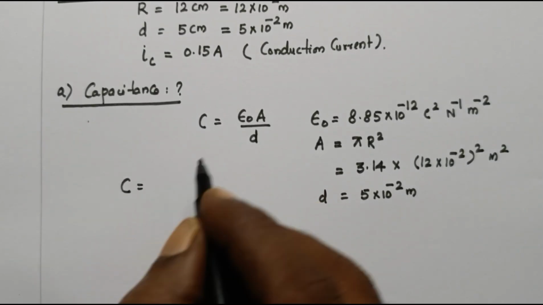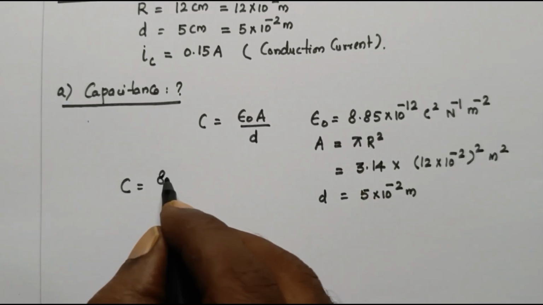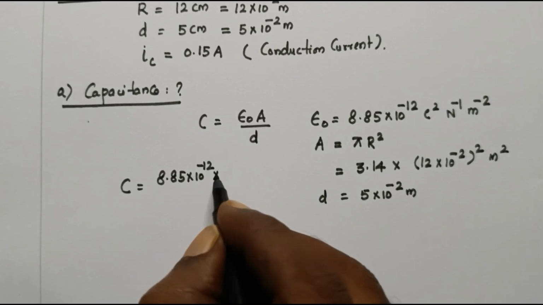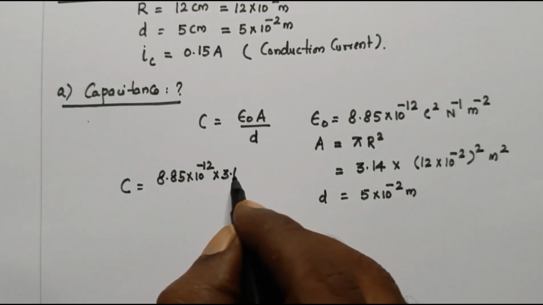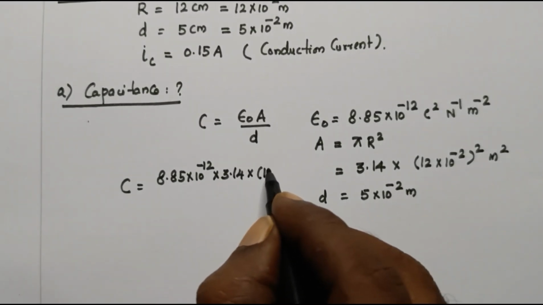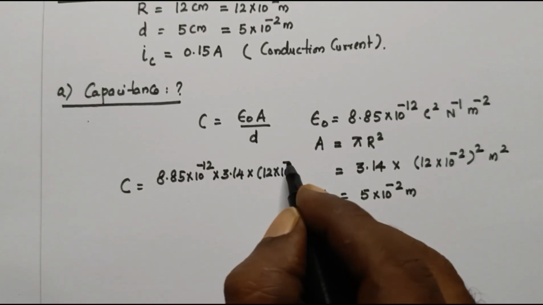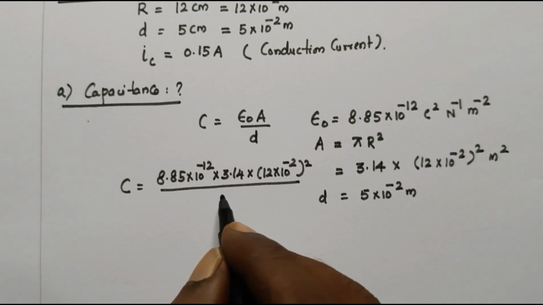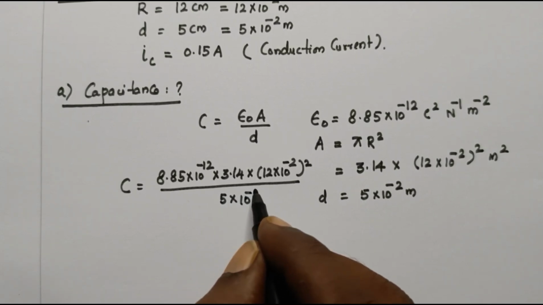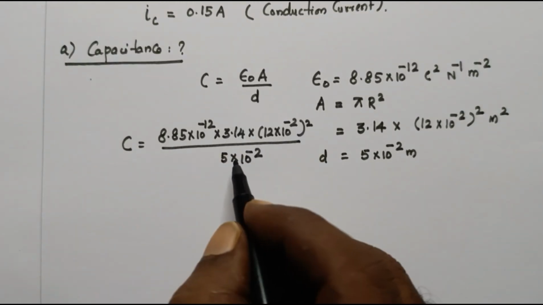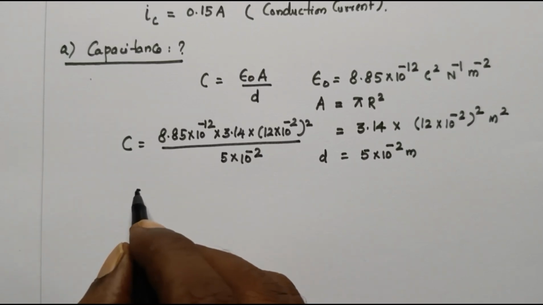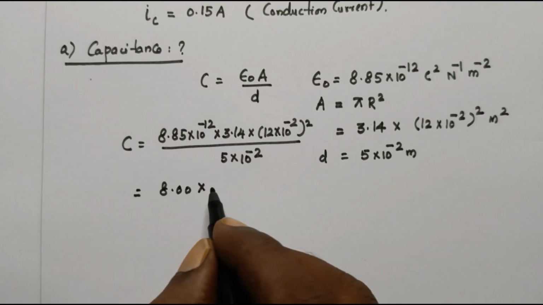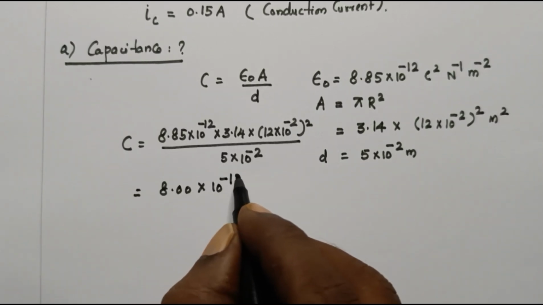So C is equal to, let us substitute the values, 8.85 into 10 to the power minus 12 into 3.14 into 12 into 10 to the power minus 2 whole square divided by 5 into 10 to the power minus 2. So if we do the calculation, we can find that this is equal to 8.00 into 10 to the power minus 12.